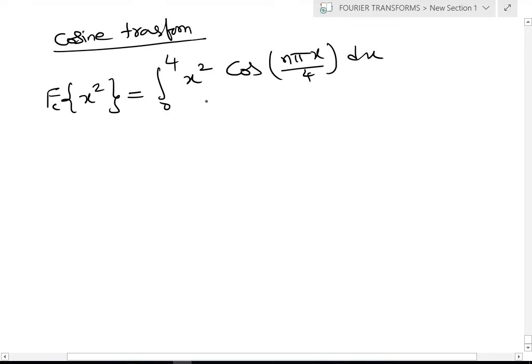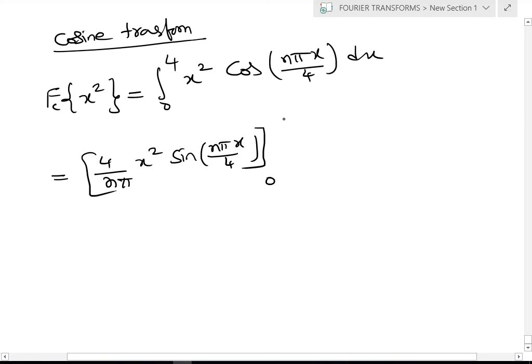Then again you need to follow the integration by parts. Now it is very familiar to you, integration by parts. Now you practice. That is 4 by n pi x square, that is sine of n pi x by 4. This is the first term, u into integration of v, with limits from 0 to 4.